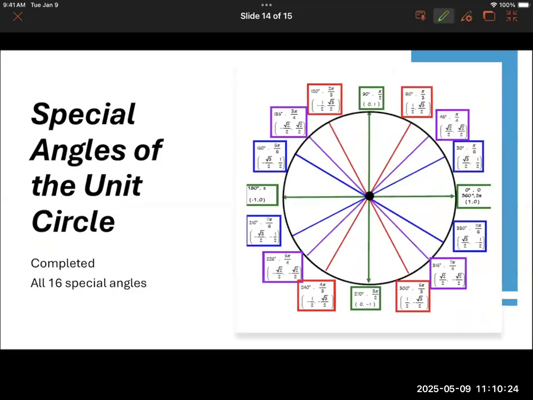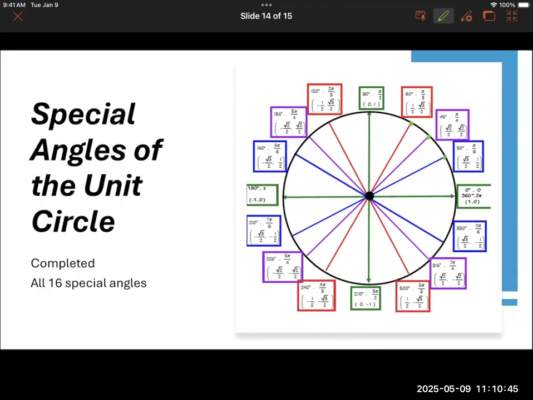So if we put all of that together, this is what you get. These are the special angles of a unit circle. You can see it in both degrees and in radians. You can see the coordinates for the point on the circle for each of these angles.